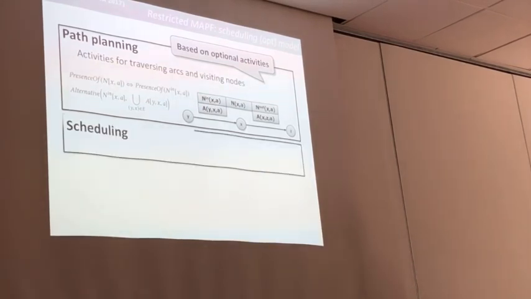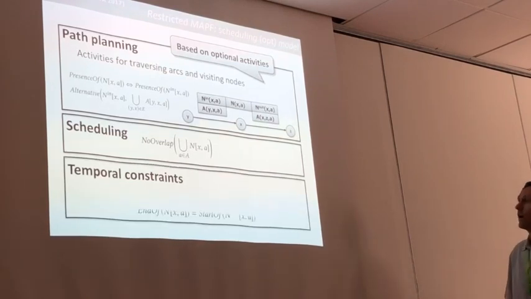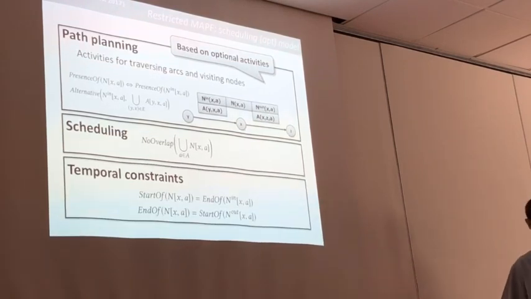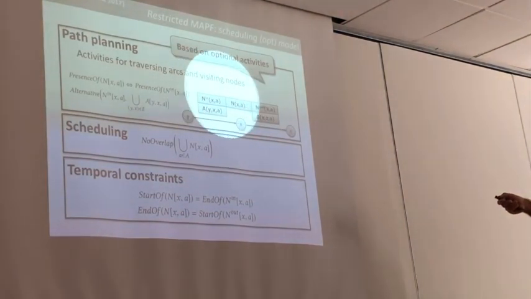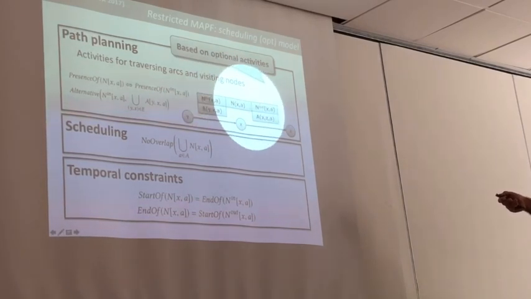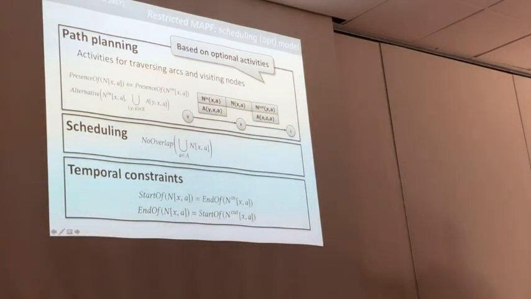And the scheduling part is very simple. We just say, okay, the activities are not overlapping in nodes and in arcs. And the temporal constraints are also quite simple. We just say that if we connect these activities, the end time of the entering activity equals the start time of being there. The end time of being there equals the start time of leaving the node.